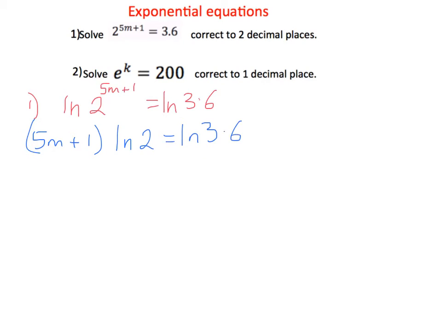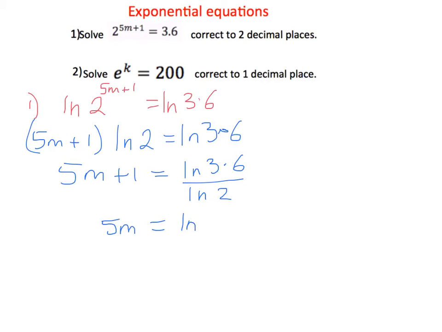And then just like we did before, we'll divide by log of 2. So we'll get log of 3.6 divided by log of 2. And then we'll have to subtract 1 from that value. You can either put that in your calculator now, but to avoid a rounding error, you could store that in your A memory, say. Remember, shift store A to store it in the memory.